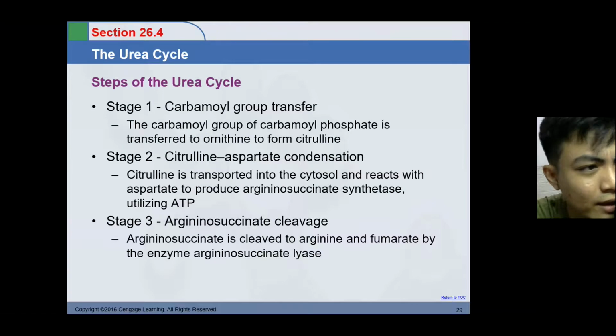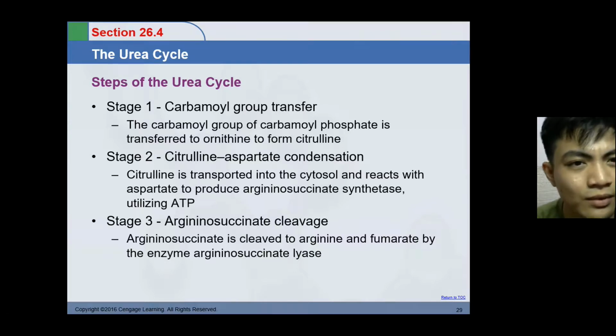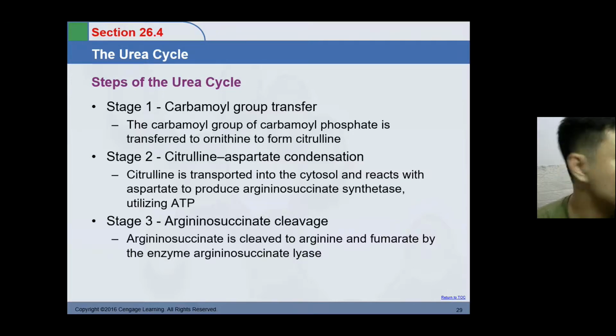So first of all is the carbamoyl group transfer. So basically, parang ito yung activation step. Tandaan, for every metabolic process, activation step yung first. And it includes the transfer of phosphates or some certain functional groups. Okay.